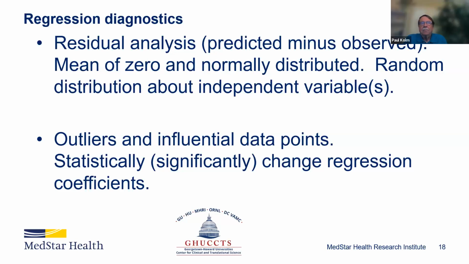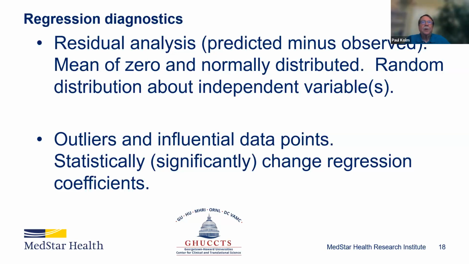It can be, but it may not be. But if we have an influential data point, what that means is that it's going to change the regression coefficients, statistically speaking, or there's going to be a significant change in the regression coefficients.